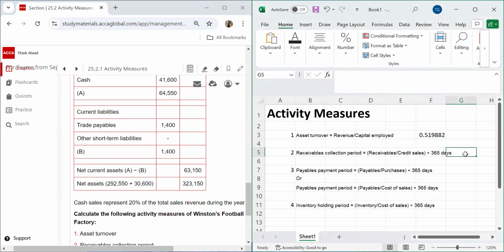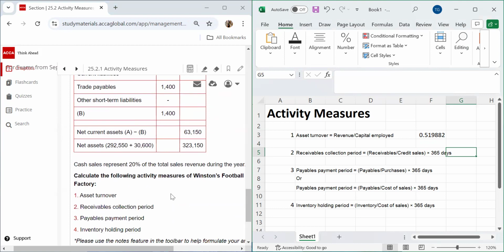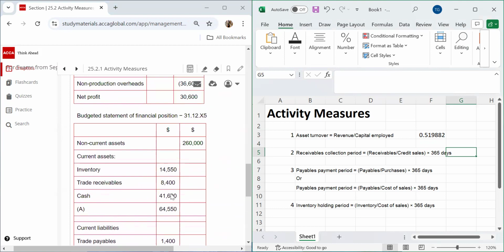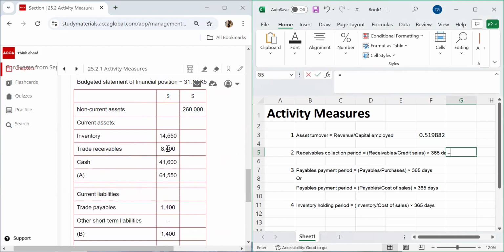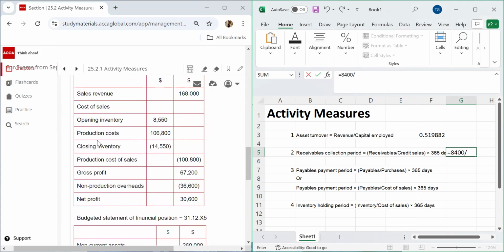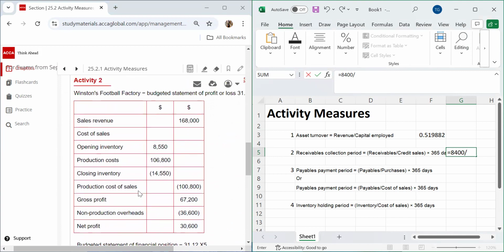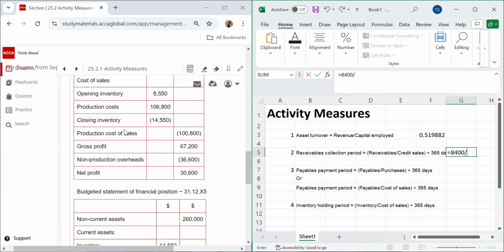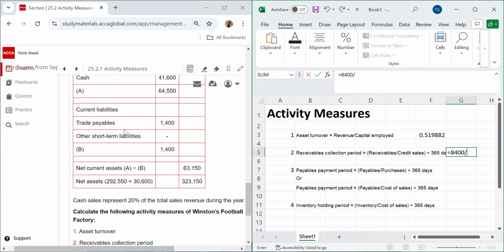Now coming to the receivables collection period, receivables is our numerator. So let's have a look. Trade receivables are given to be 8,400. You have to divide this by your credit sales. Let's see how much the credit sales are. So you see sales revenue, which is given to you as 168,000. Let's read if we have any further information.